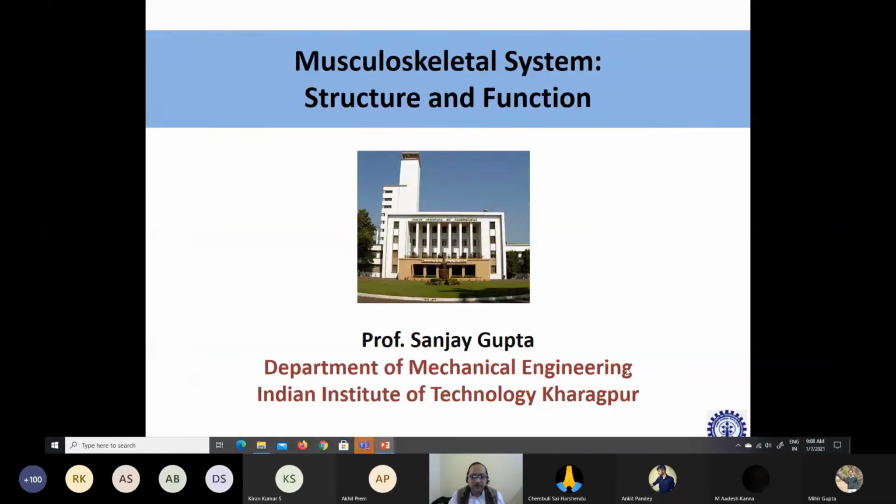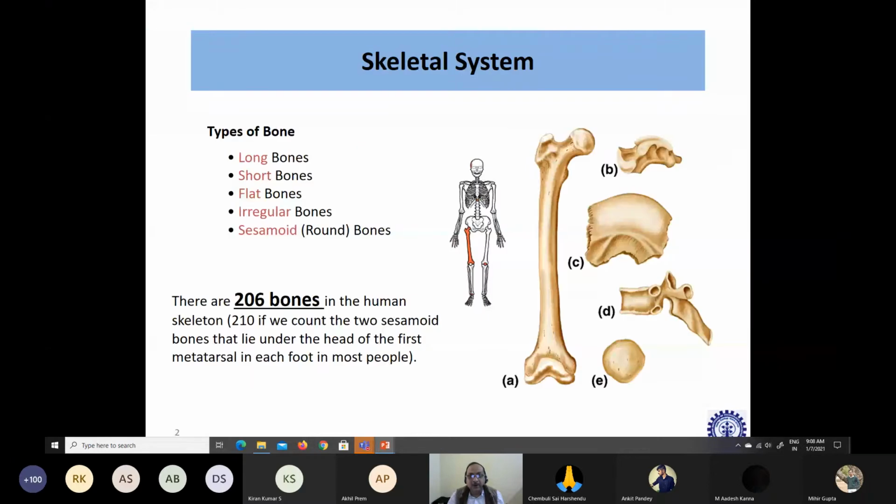Okay, so we start the lecture. The first lecture on musculoskeletal system, structure and function. Now, the human body consists of a musculoskeletal system.